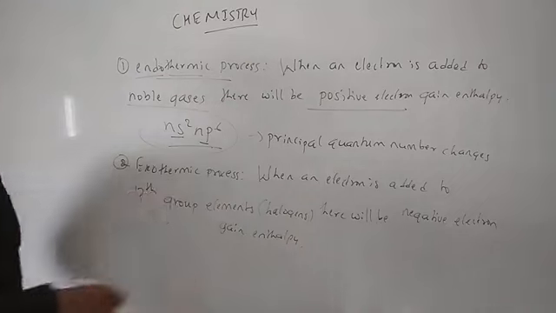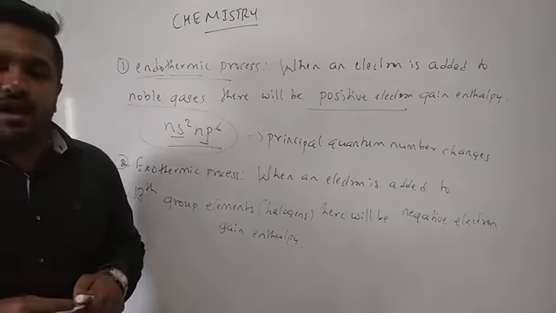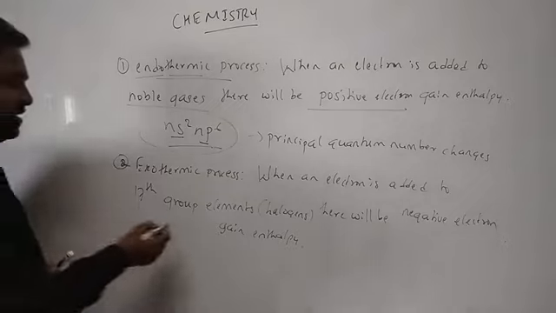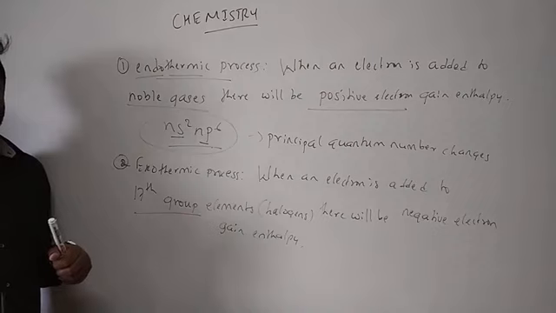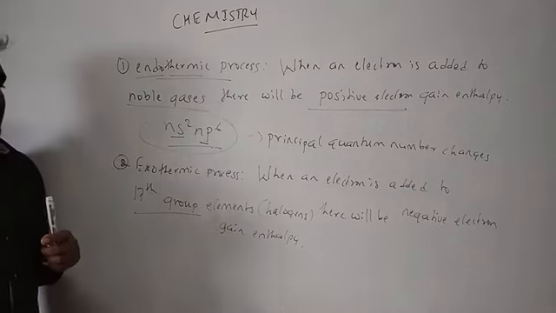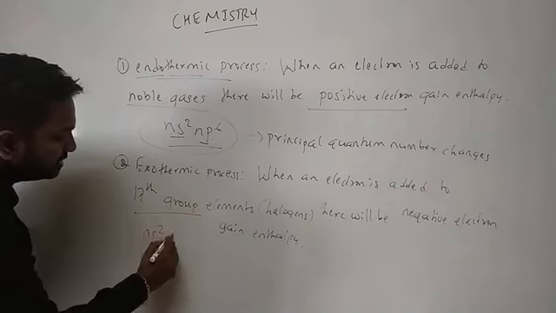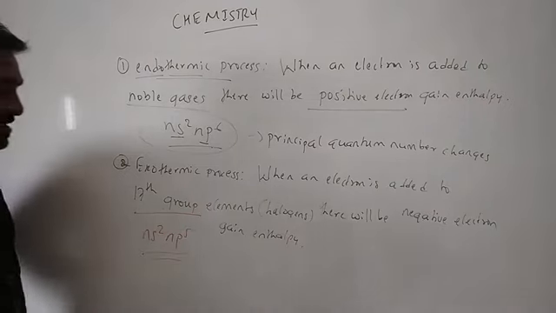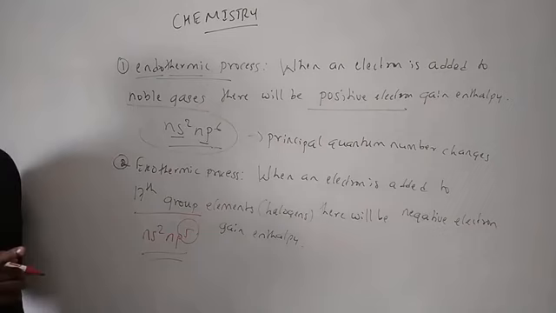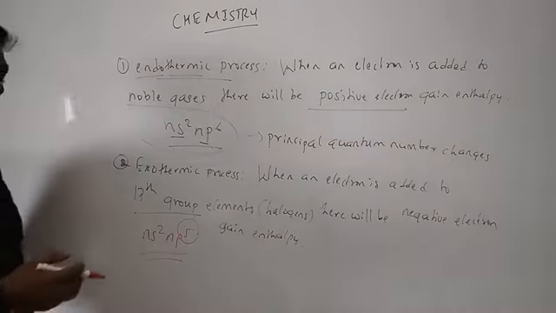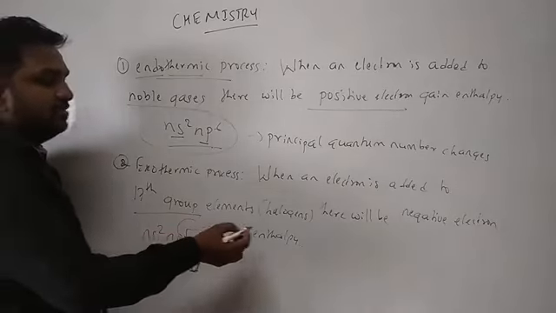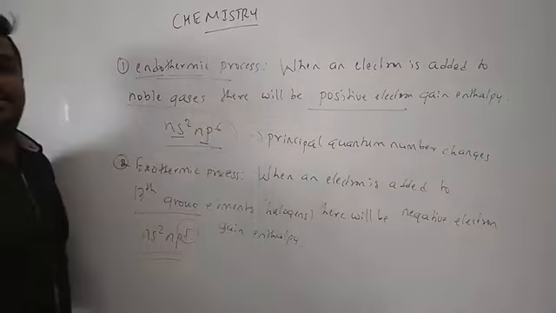That means the heat is getting liberated. Why in 17th group elements is heat liberated, giving negative electron gain enthalpy? Because their electronic configuration is ns2 np5. They require one electron to fulfill the stable octet configuration. They are longing for that one electron, so as soon as they get it, they accept it happily. For this reason, there will be negative electron gain enthalpy.